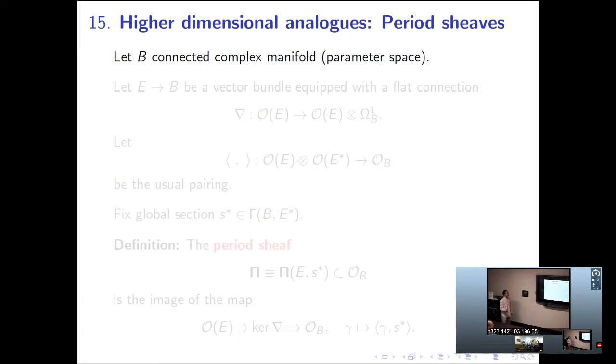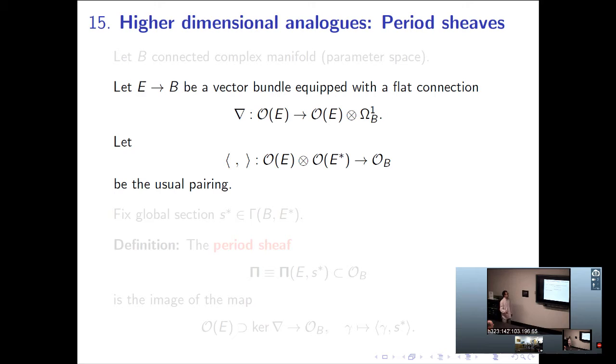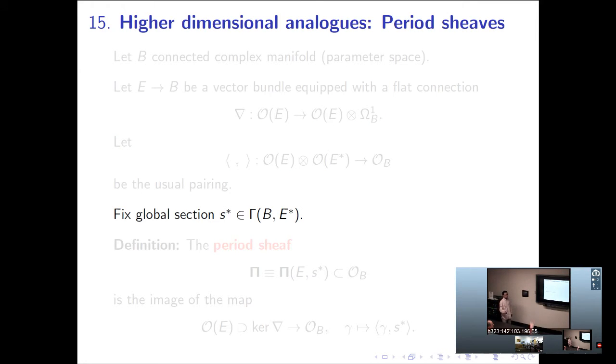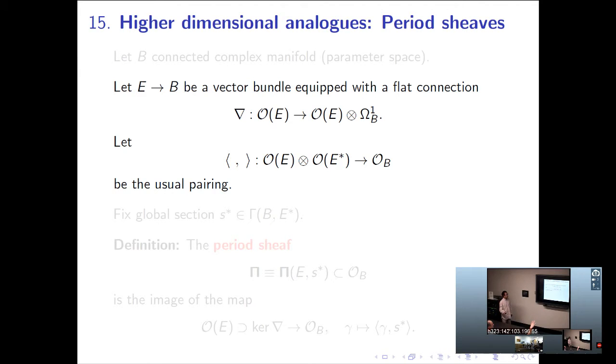So let B be a parameter space, which is a connected complex manifold, and E over B is a vector bundle, which we will assume to be equipped with a flat connection. We denote the usual pairing between local sections of E and its dual by this bracket. Those are the holomorphic ones. Yes.